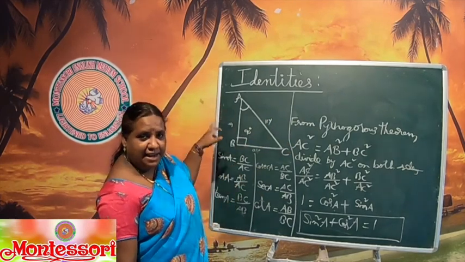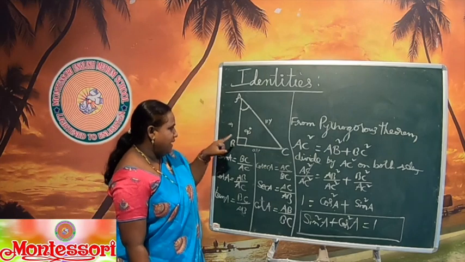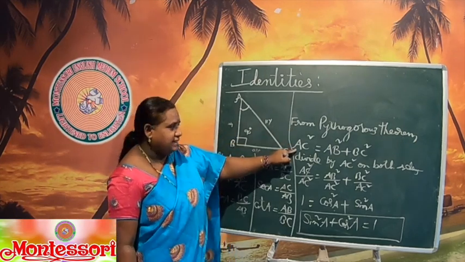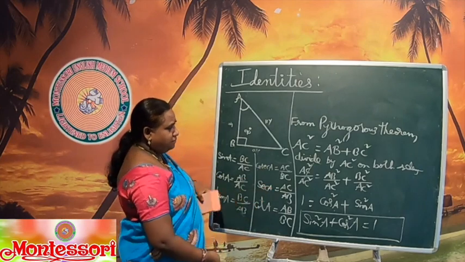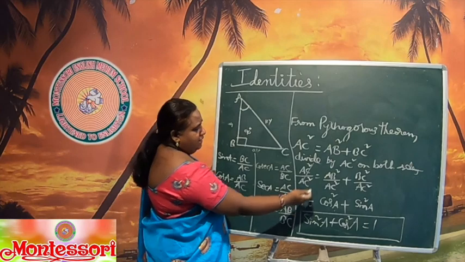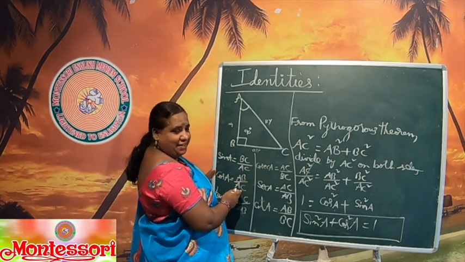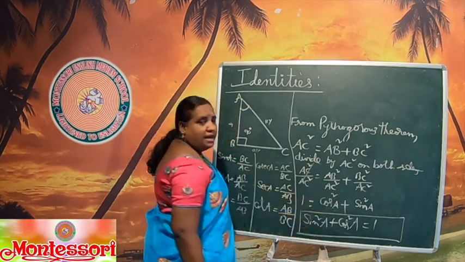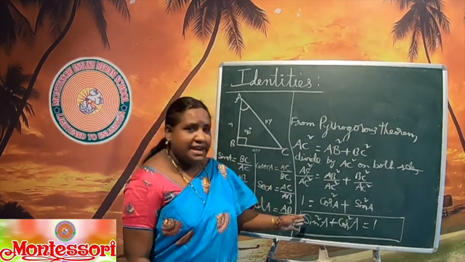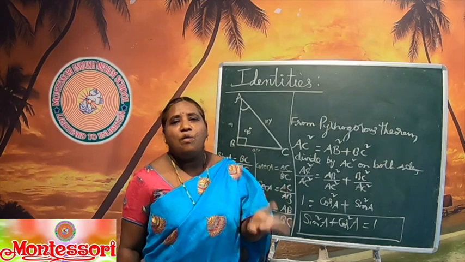Take a right angle triangle, mark the right angle at B and apply Pythagoras theorem. Then divide with AC square and what you got here is 1, AB by AC, cos square A plus sin square A. So this is the proof for the first identity, that is sin square A plus cos square A is equal to 1.